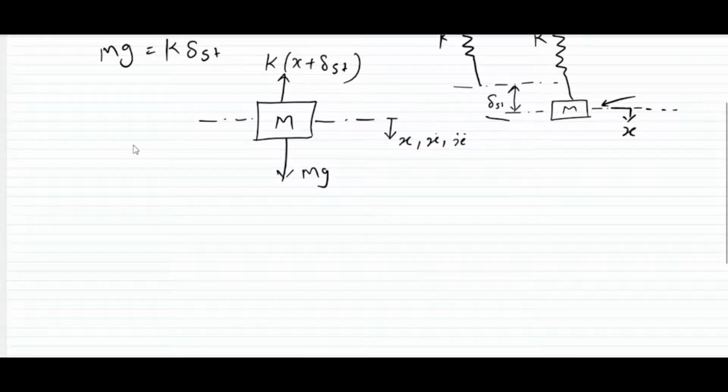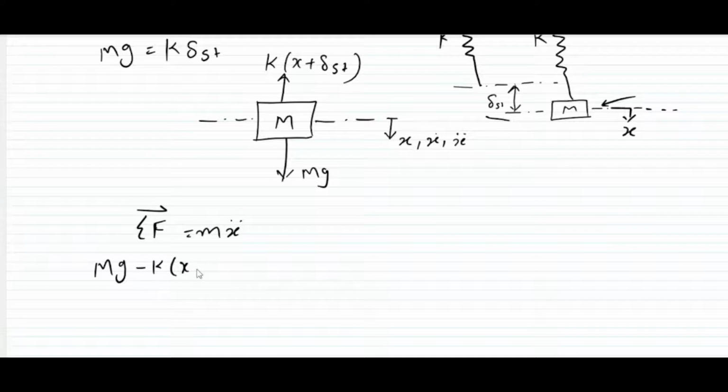Now we apply Newton's second law of motion. So the sum of forces, and I'm showing it as a vector because I'm taking the downward direction as positive, is equal to m x double dot. So all forces: mg minus the spring force in the upward direction, so it's negative k times x plus delta st, equal to m x double dot.